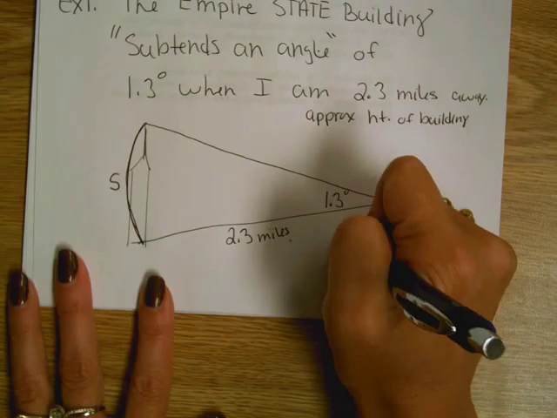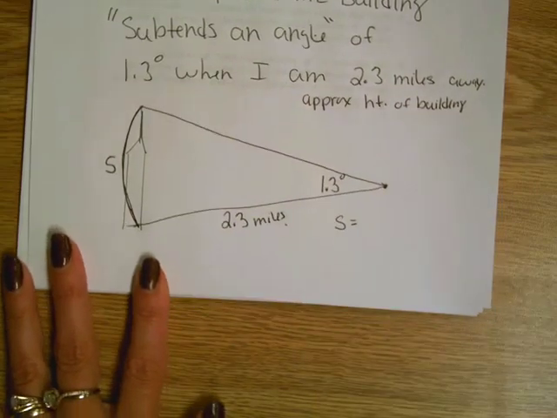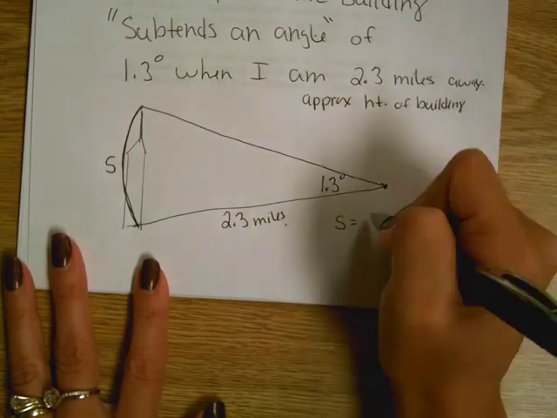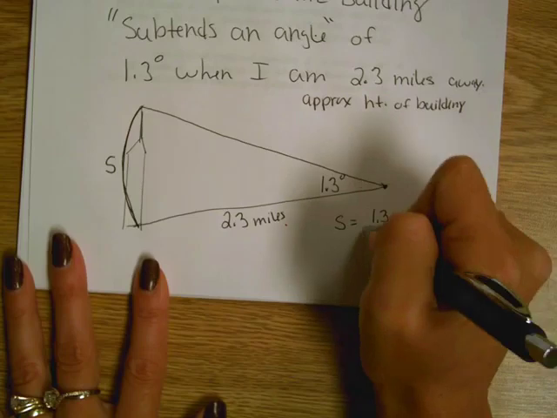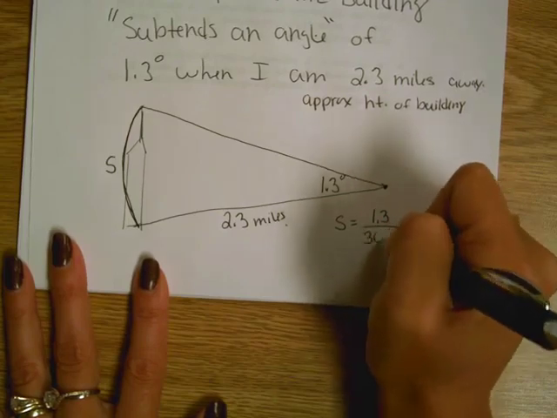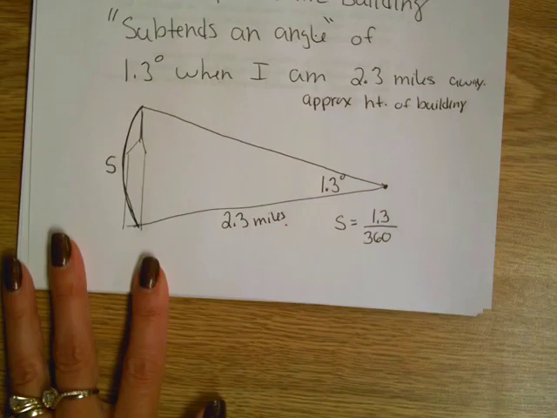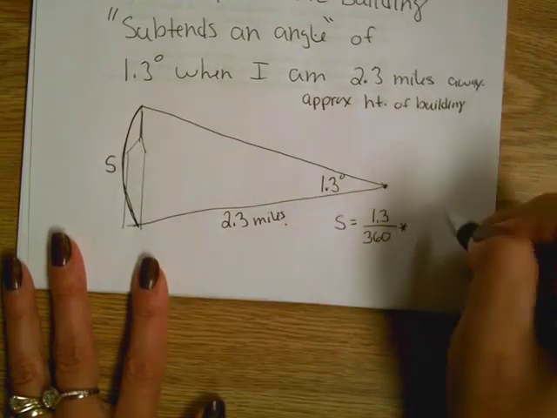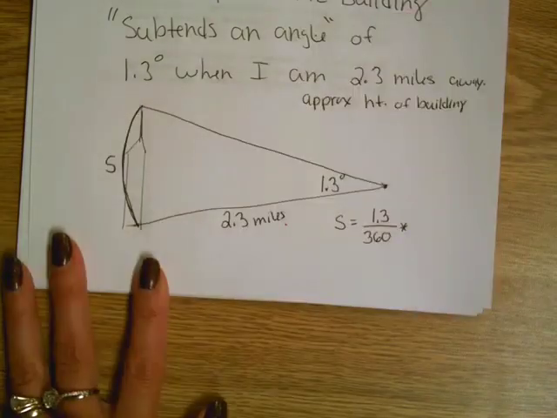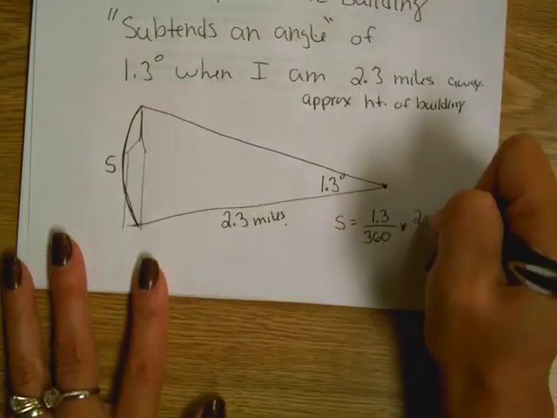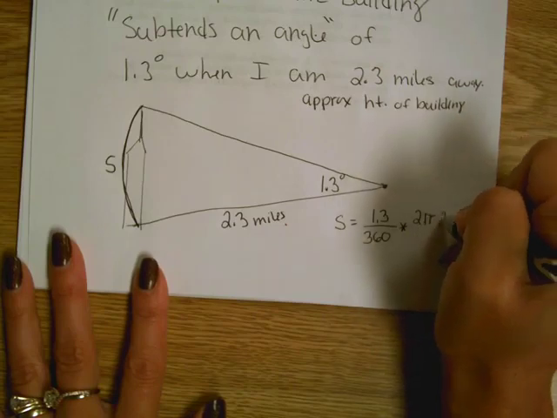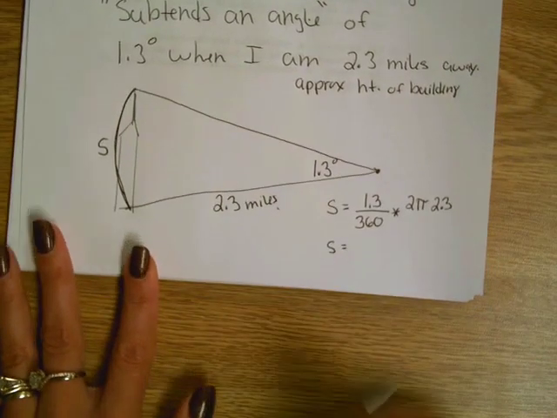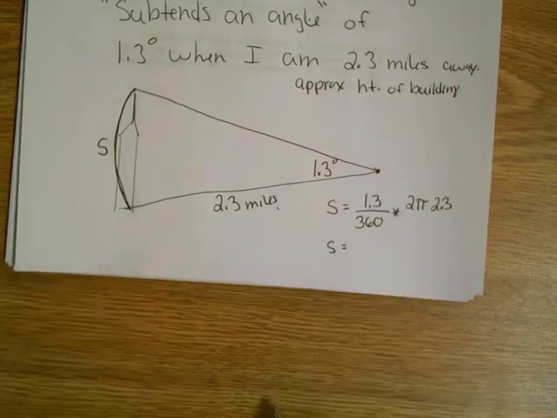So our arc length formula, we need the fraction of the full circle, which is 1.3 degrees out of 360 on a full circle. And then we need the circumference, because that's the distance around, the fraction of the full distance around, that's 2 pi r. Realize what units you're going to be finding here.